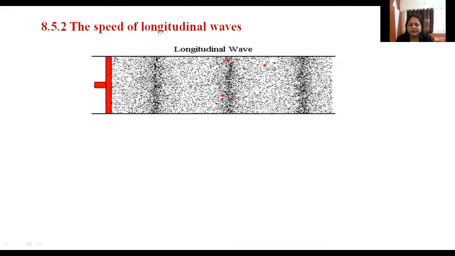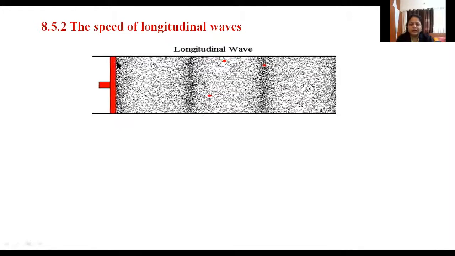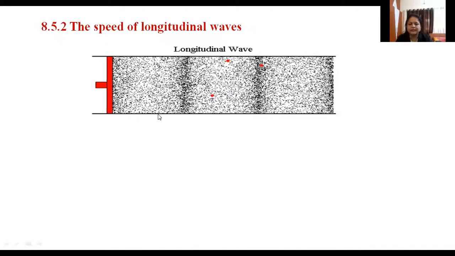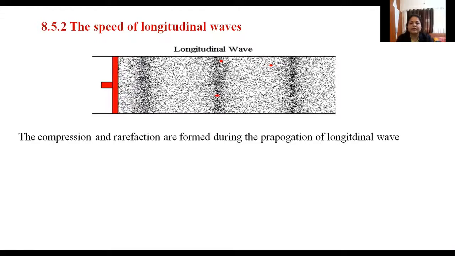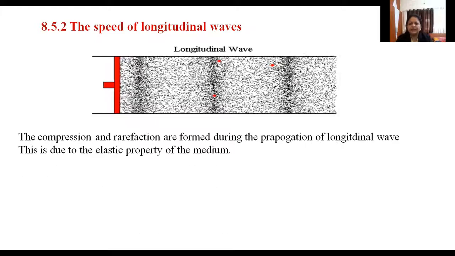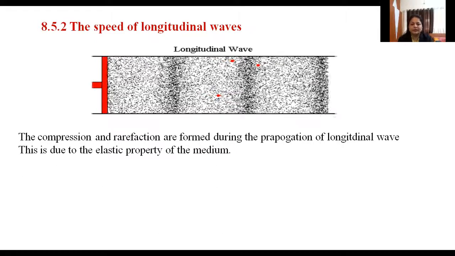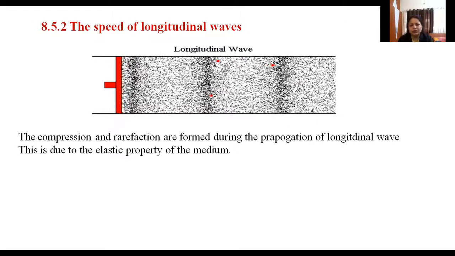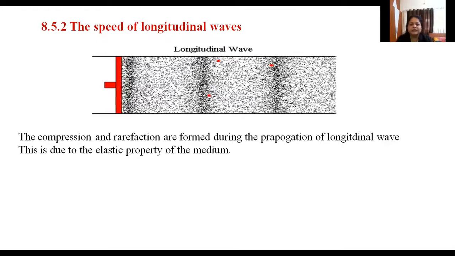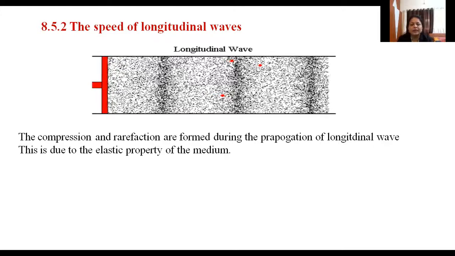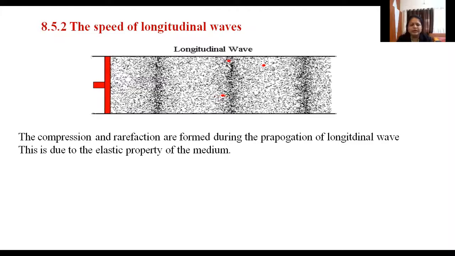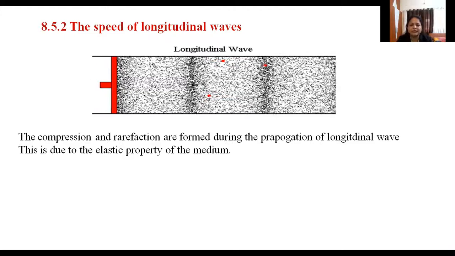That means in these longitudinal waves, there is the formation of compression and rarefaction, and this compression and rarefaction are formed during the propagation of longitudinal wave. This is due to the elastic property of the medium. As we know, every medium possesses the elastic property. म्हणजे कमी किंवा जास्त प्रमाणात असेल, but every medium possesses, either it may be solid, liquid or gases, they possess somewhat the elastic property.